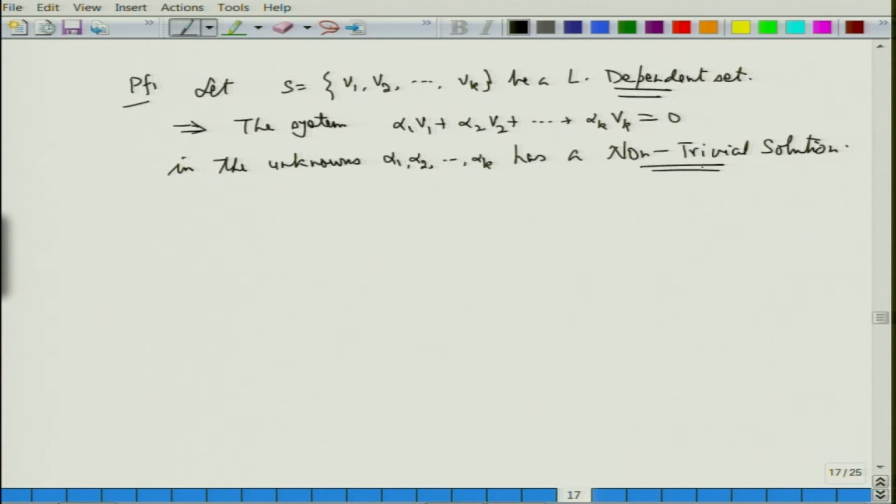So this condition was very important for linear dependence. That was the definition of linear dependence: that something is linearly dependent means this system will have a non-trivial solution, fine.